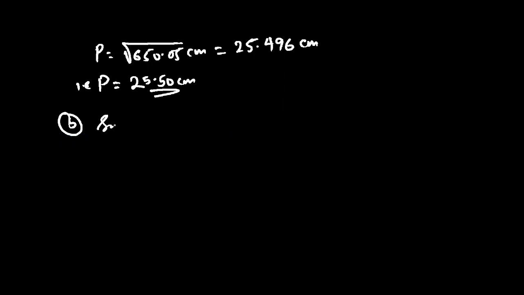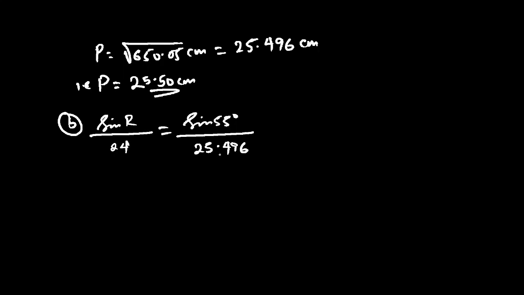So I will say sine of R divided by 24 is equal to sine of 55 degree divided by 25.496. Don't pick the approximate value, you pick the actual value. So sine R is therefore equal to 24 sine 55 degree over that.